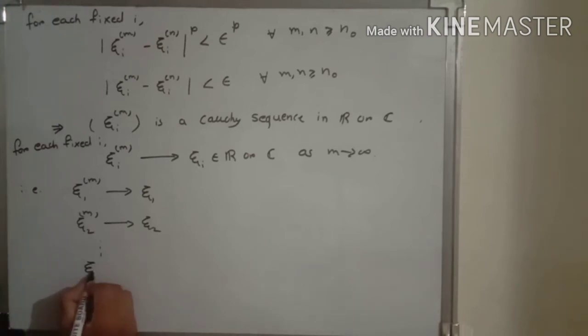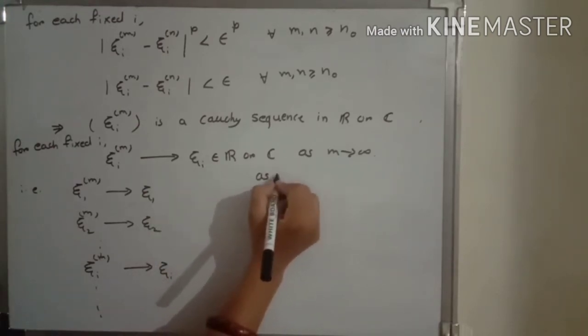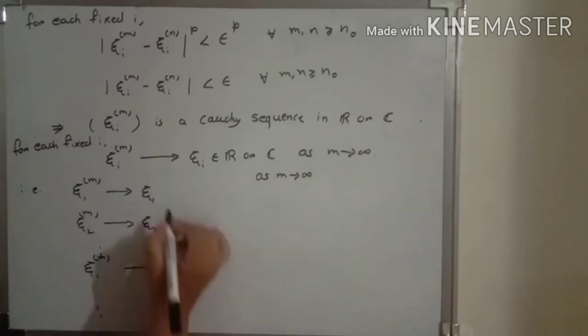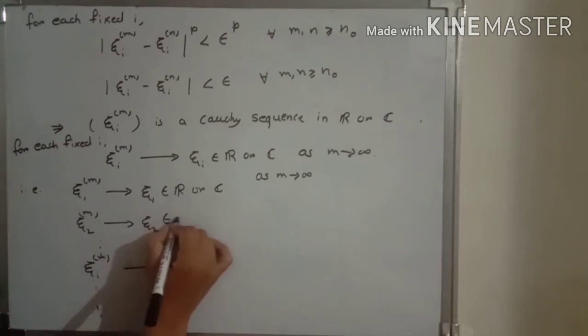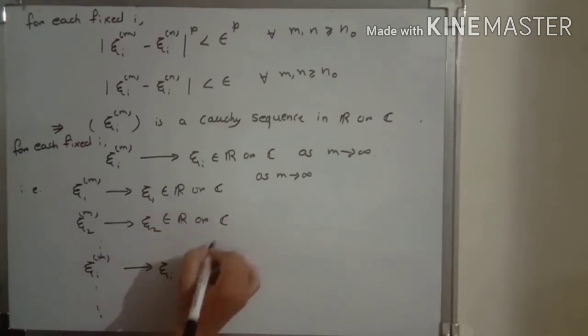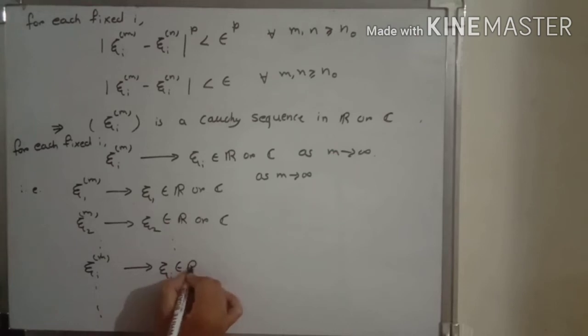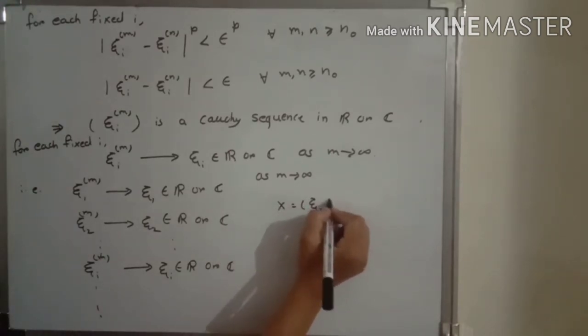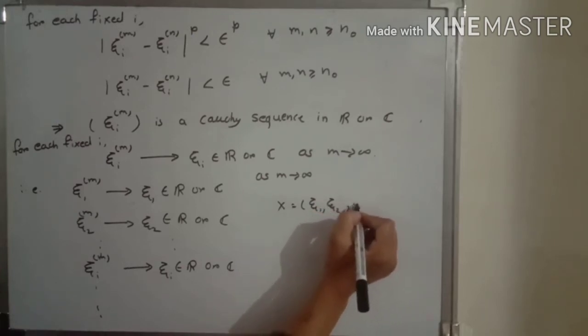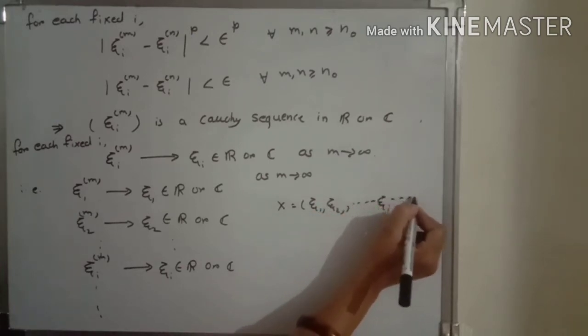In general, xi im converges to xi i as m goes to infinity, where xi 1 belongs to R or C, xi 2 belongs to R or C, up to xi i belongs to R or C. Now collecting all these limits, we write x equals xi 1, xi 2, up to xi i and so on.